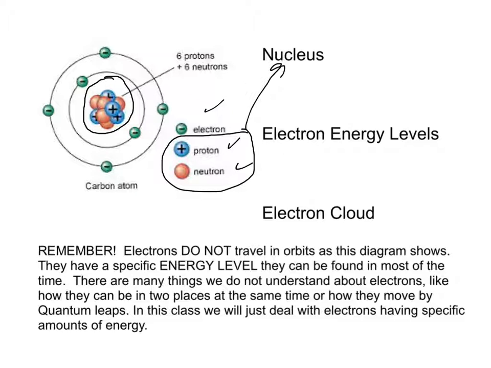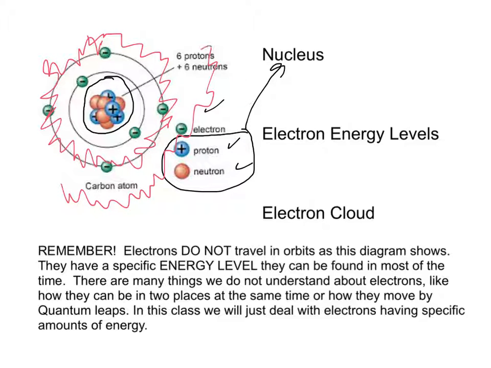The electrons, which are extremely small, will be in a cloud, if you will, around the outside of this nucleus. Whereabouts that cloud is will depend on the amount of energy that that specific electron has.